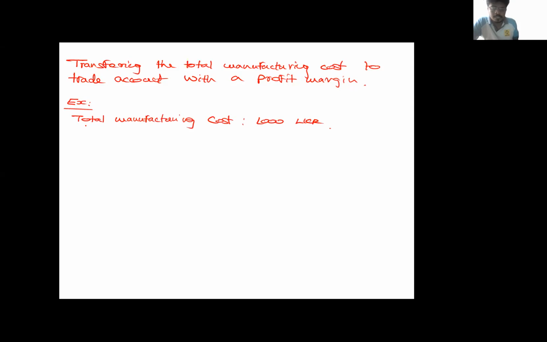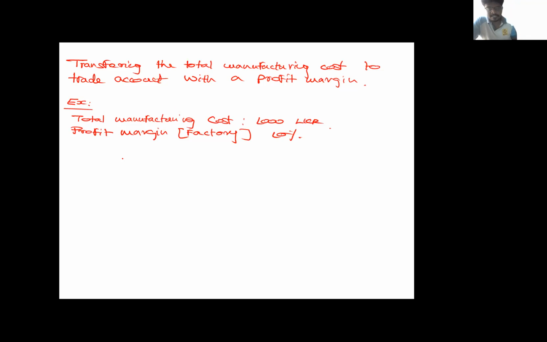And expected profit margin, let's say within the factory, 10%. Then let's see how to do certain transfer.